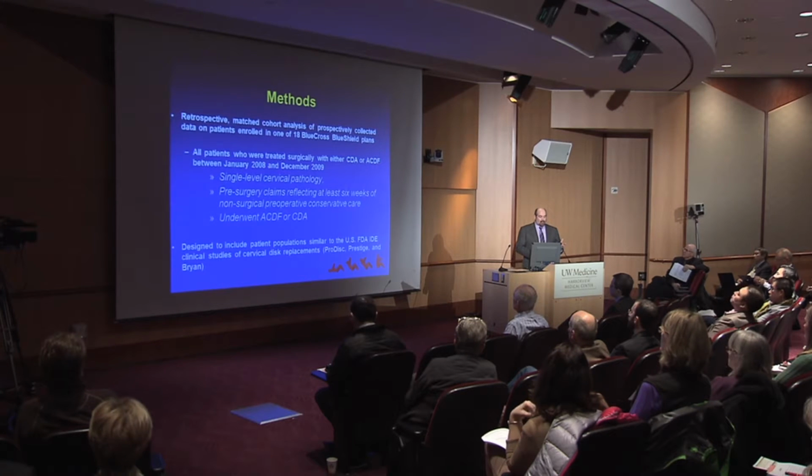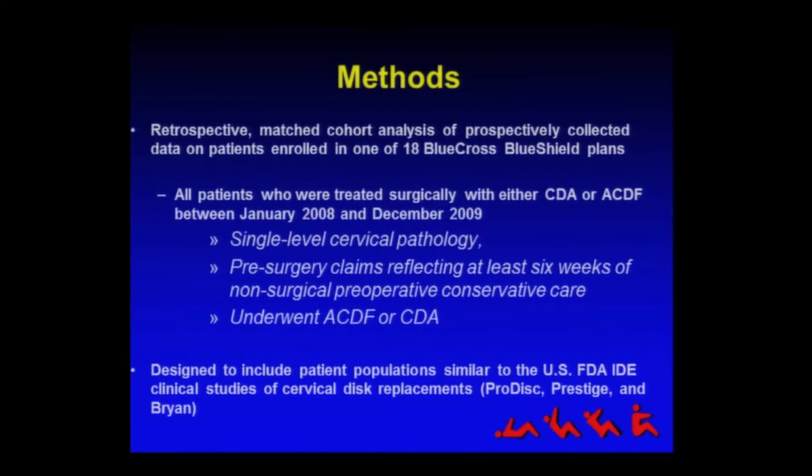So what we asked them to do is find us patients between January 2008 and December 2009 who had single-level cervical pathology by code, who had payments made for at least 6 weeks before that surgical intervention, and then underwent either an ACDF or a disc replacement. And it could have been either a Prestige, a Bryan, or a ProDisc. Those are the 3 discs that were FDA approved at the time.